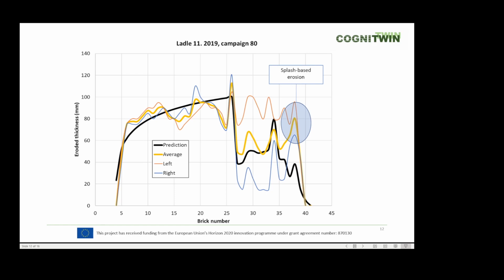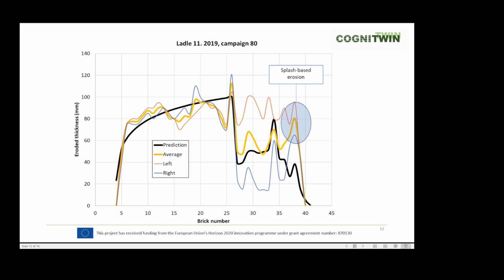We see the black line, which is the prediction from the two-dimensional model. We see the left and the right side of the ladle that has quite different erosion levels.